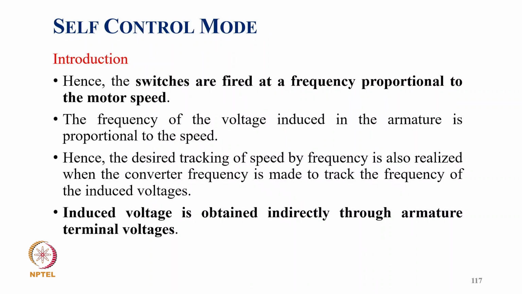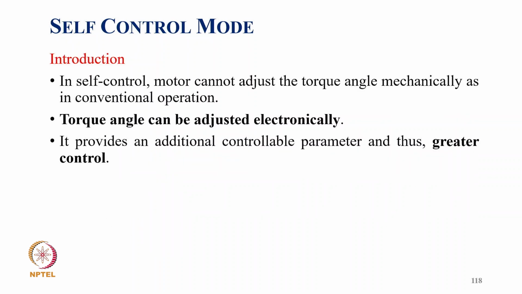As the switches are fired at a frequency proportional to the motor speed, the frequency of voltage induced in the armature is proportional to speed, and the desired tracking of speed by frequency is also realized when the converter frequency is made to track the frequency of the induced voltage, and the induced voltage is obtained indirectly through the armature terminal voltage.